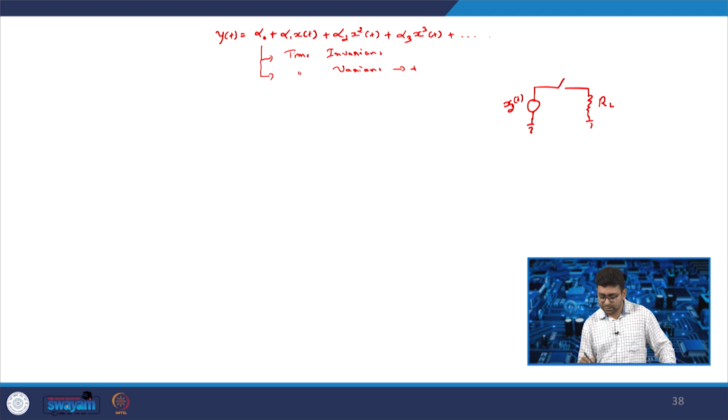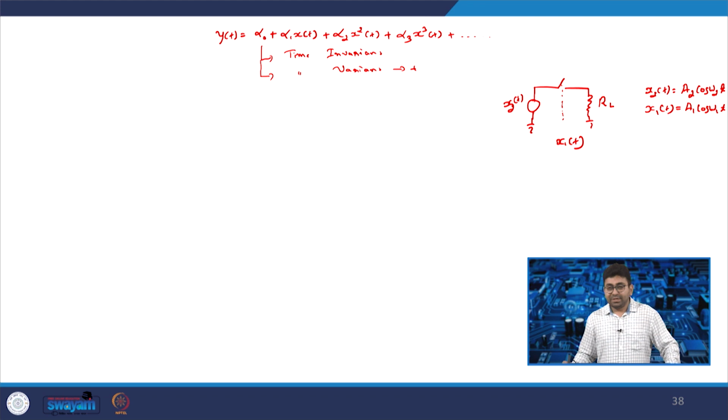Now, this switch has an input of x1(t). So, x2(t), if I define it, has a certain amplitude: A2 cos omega 2 t, and x1(t) is equal to A1 cos omega 1 t. So, in this case what is happening is that your output depends upon x2(t) and x1(t).